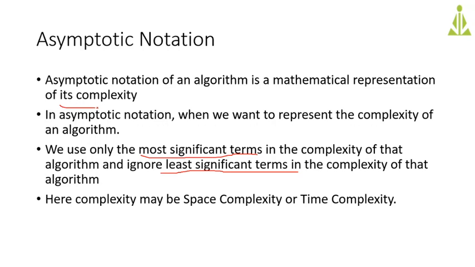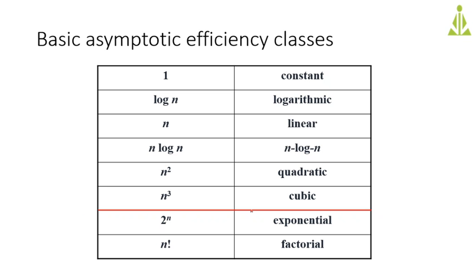This can be used for space complexity or time complexity. Based on this, we will get to know how much space is needed and how much time is taken. The asymptotic notations we are going to take are big O, big omega, and big theta. Before going to that, we will see the basic asymptotic efficiency classes.